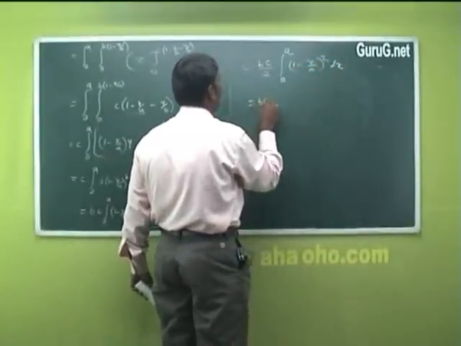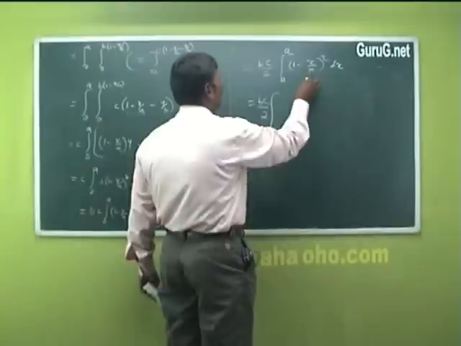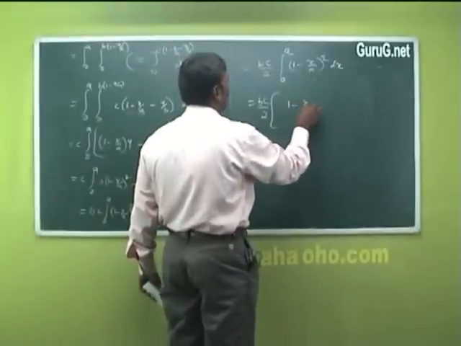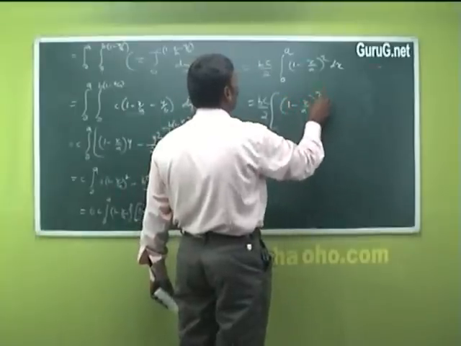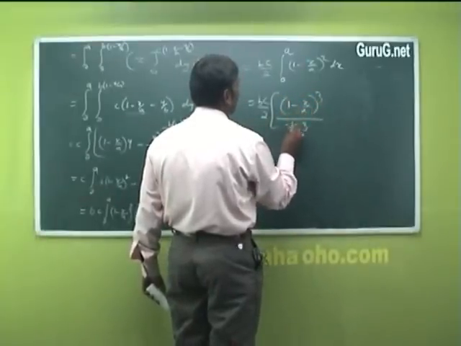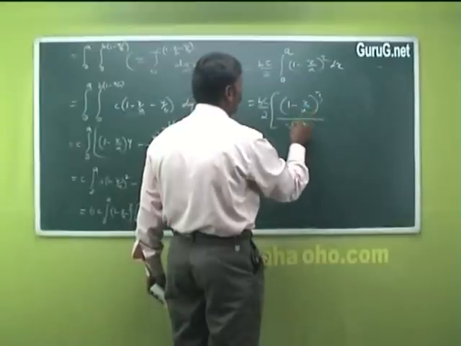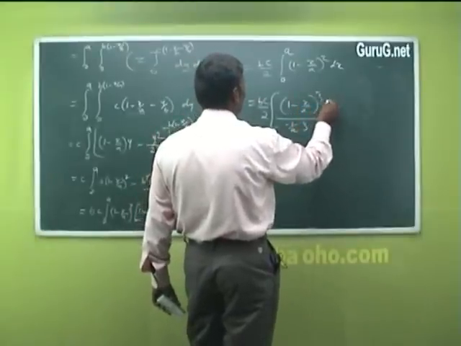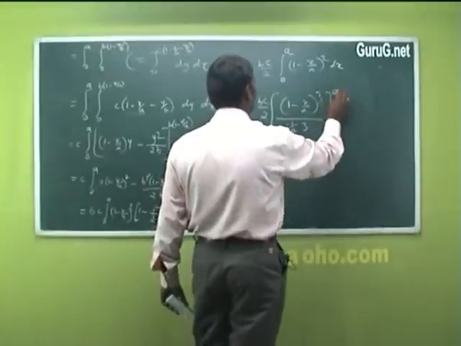So bc by 2, integrating this gives 1 minus x by a the whole cube by 3 into minus 1 by a. Here the coefficient is there, so it stays below, right? 0 to a.